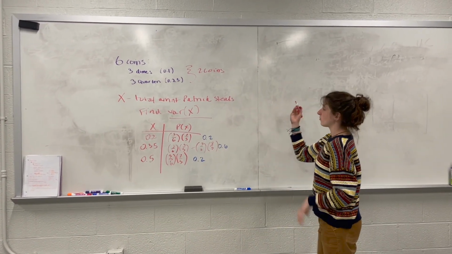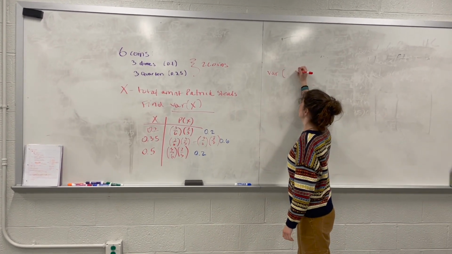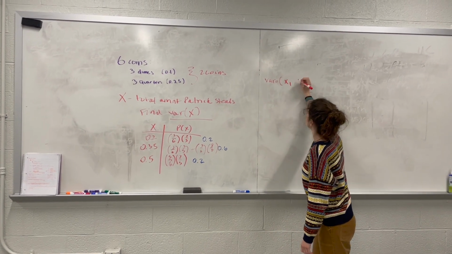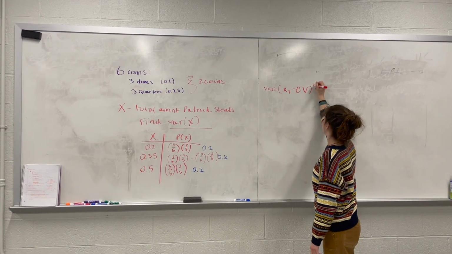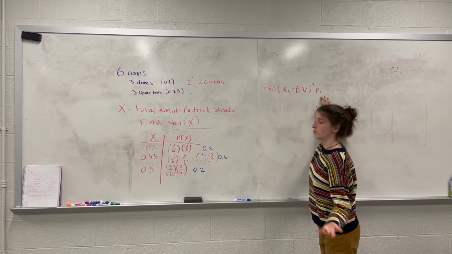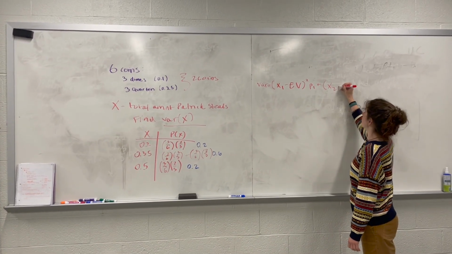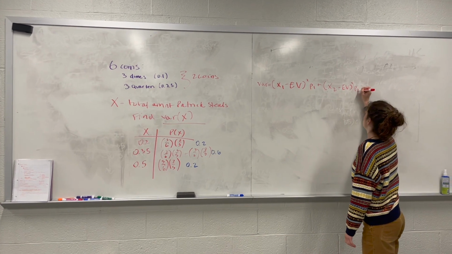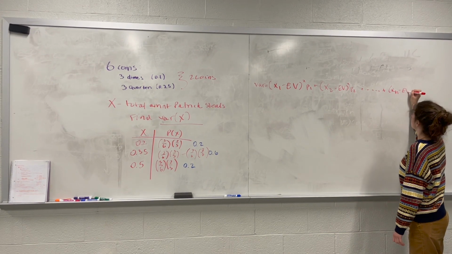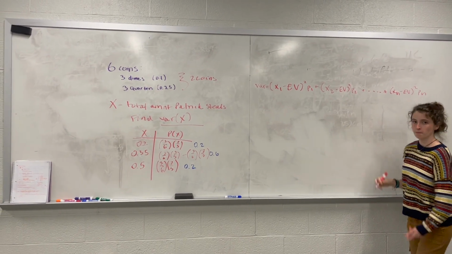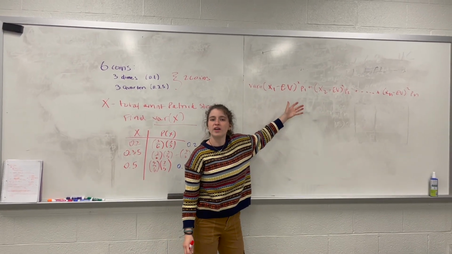If you remember from class, the formula for variance is x1 minus the expected value, EV, squared times the probability P1 of x1 happening, plus x2 minus EV squared times P2, and so on until you get to xn minus EV squared times Pn. But to fill out this formula, we need to know the expected value first, and we don't know that yet, so let's calculate it.